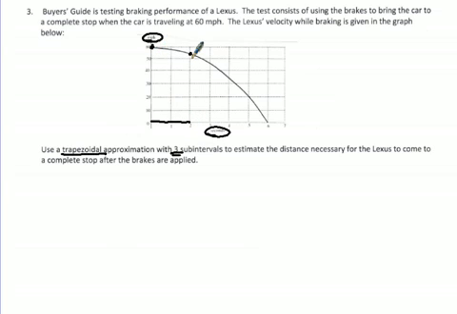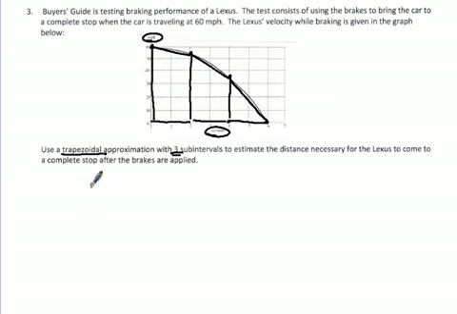So my first trapezoid is going to be right here between 0 and 2. The next one should go from 2 to 4. And finally, the last one from 4 to 6, which actually ends up being a triangle because our final height there at 6 is 0 because the car has come to a complete stop.